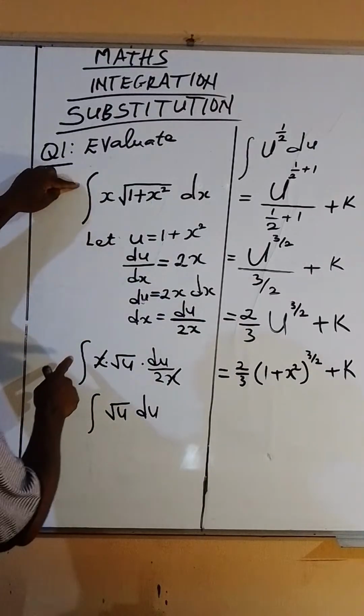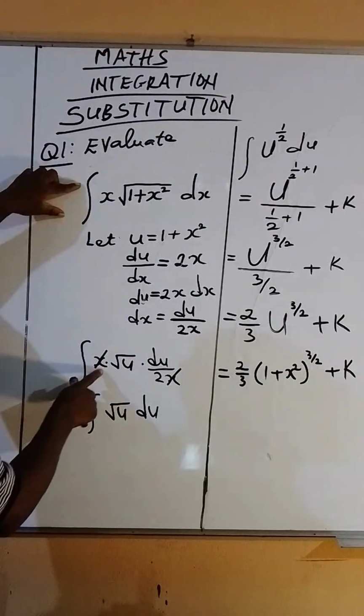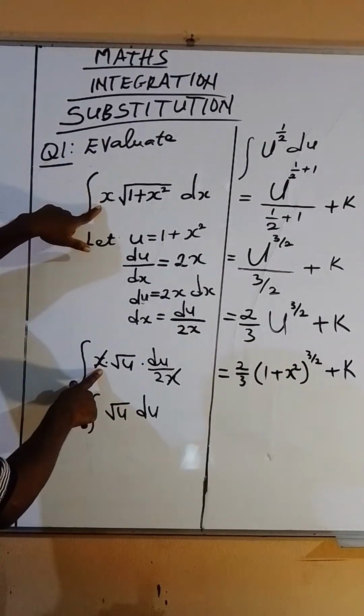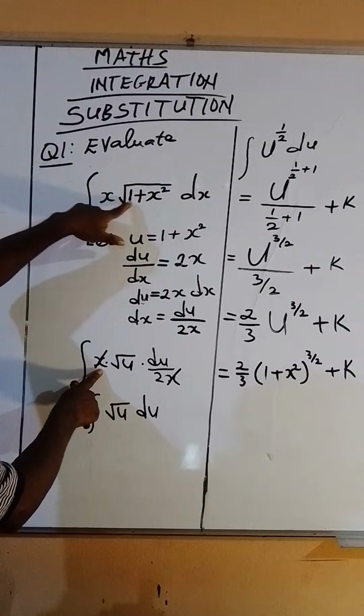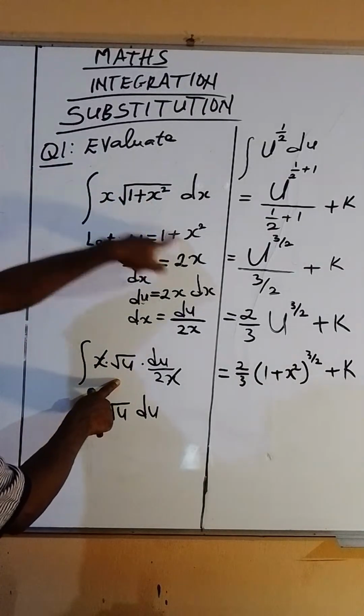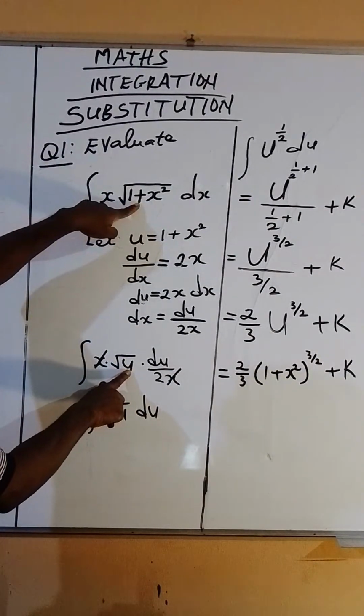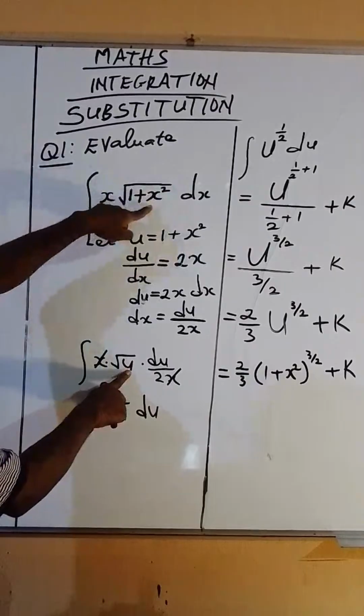We have decided to rewrite this expression as the integral of x times the square root of 1 plus x squared. Since u equals 1 plus x squared, u is now used to substitute for 1 plus x squared.